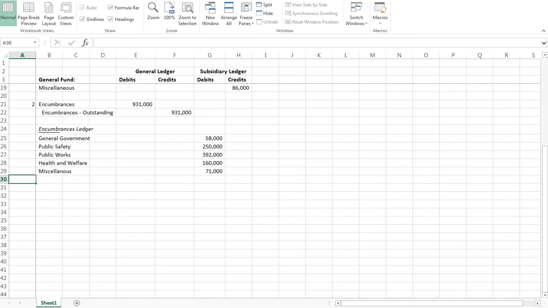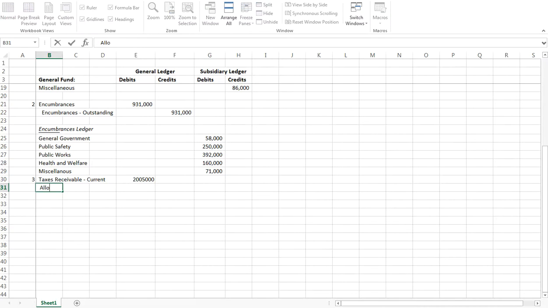Now I'm going to move on to the information given to us in part 3, which is the current year's tax levy. In the general fund, we've got taxes receivable current. We just did this work in another problem, so hopefully you knew exactly what to do on this one.